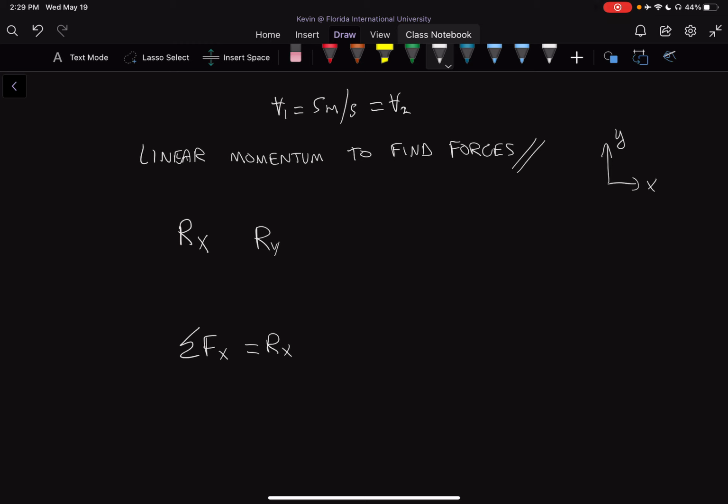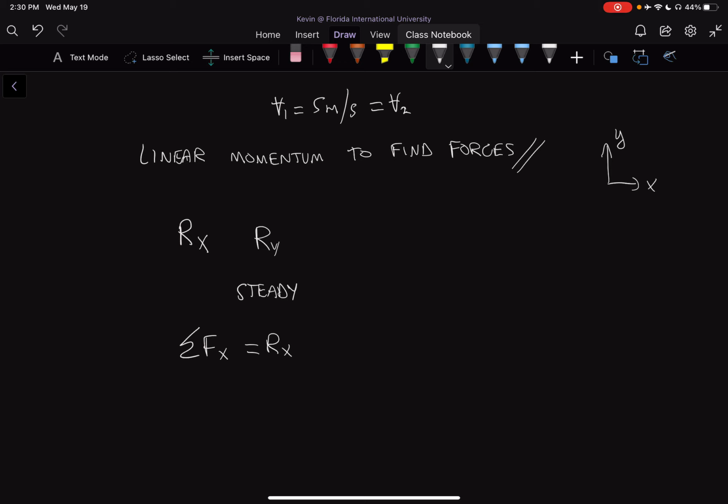In the linear momentum equation, since we have a steady system, we can get rid of the complicated time term in our original derivation. So we're left with just terms of momentum flux being applied to the system. So we're going to look at the momentum flux out minus the momentum flux in.